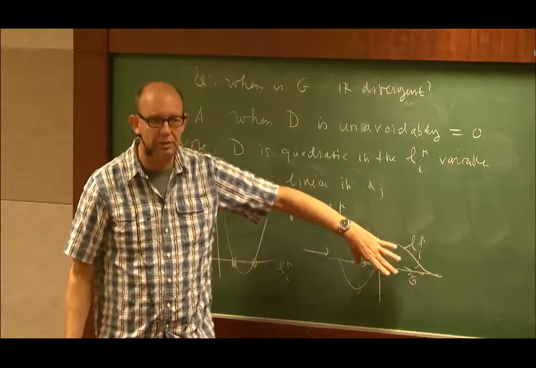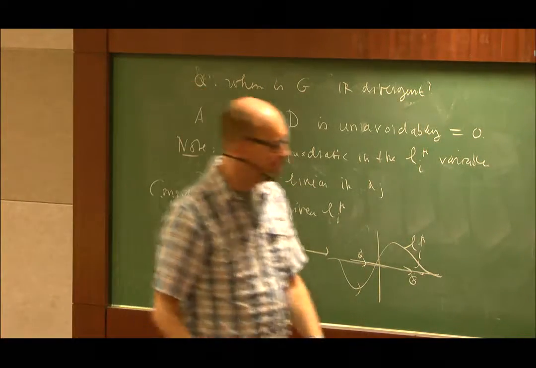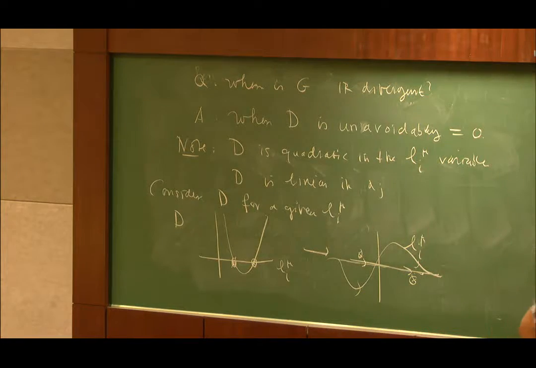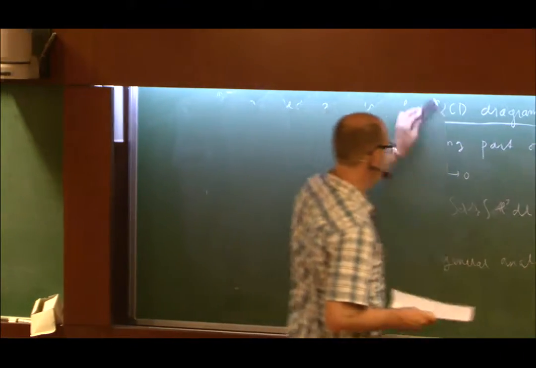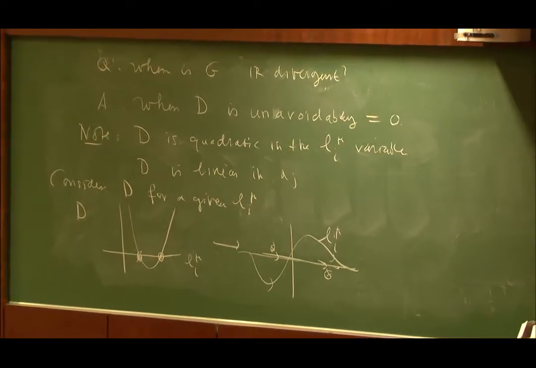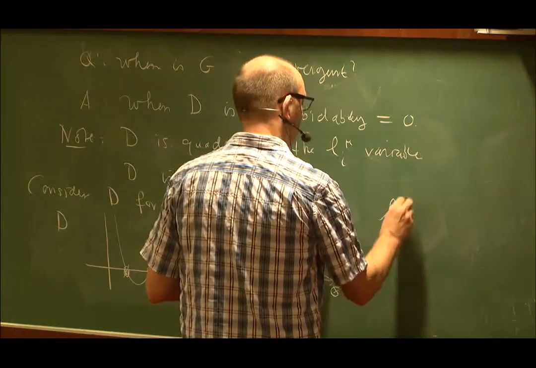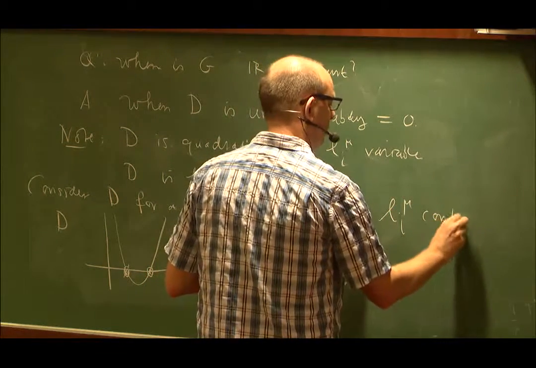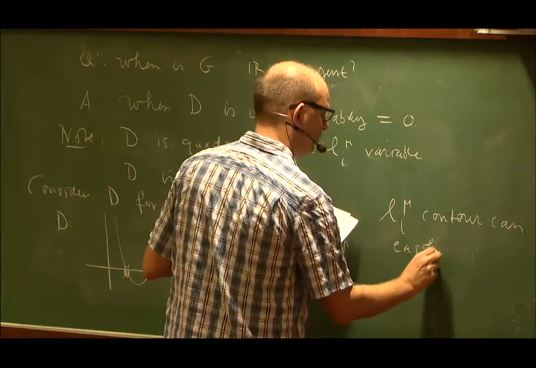If there's a lot of space, no problem. So let me just write that the Li mu contour can easily be deformed away from poles.